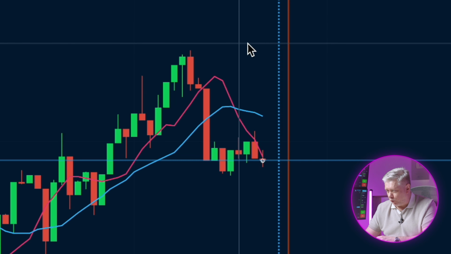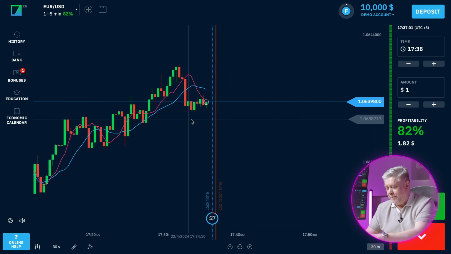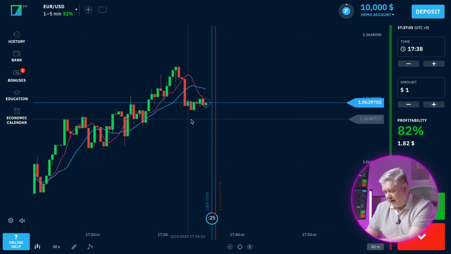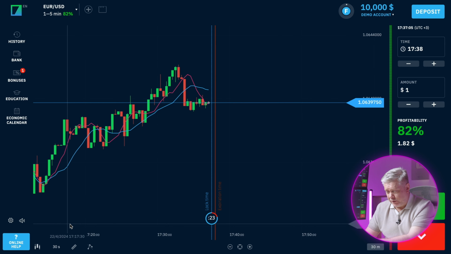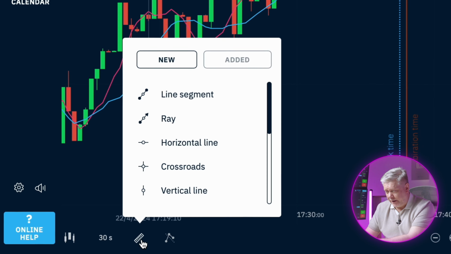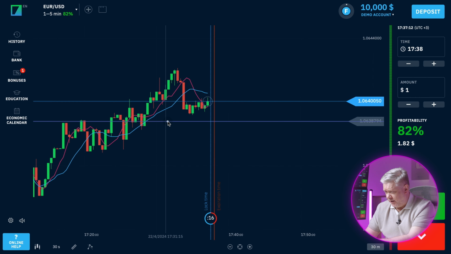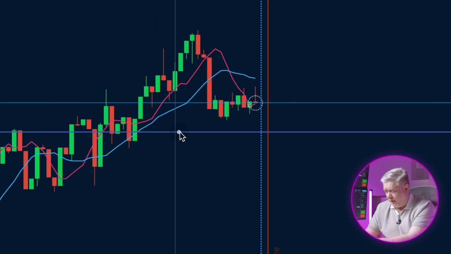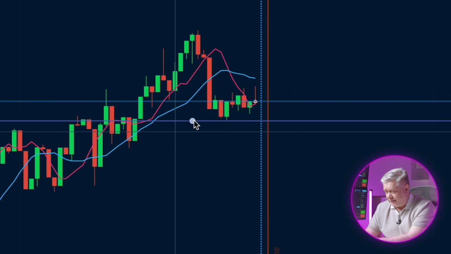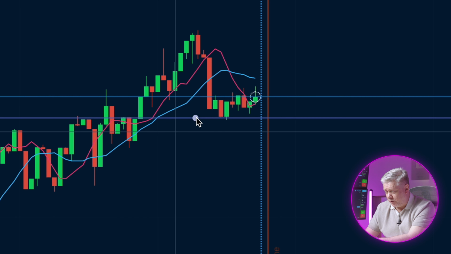But there is one more important thing. I've already mentioned it earlier, but I want to draw your attention to it again. It is necessary to set support and resistance levels, specific lines crossing which the price can accelerate its movement, both upwards and downwards.